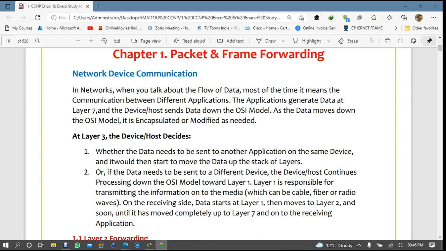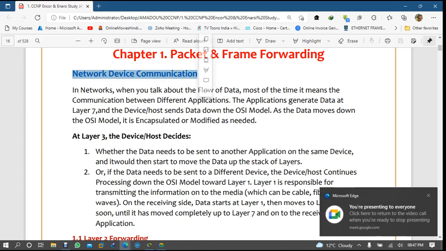Okay. So network device communication is the main part that we have to learn, or that a network administrator or people who work in the network need to know, because everything depends on this network communication, right?